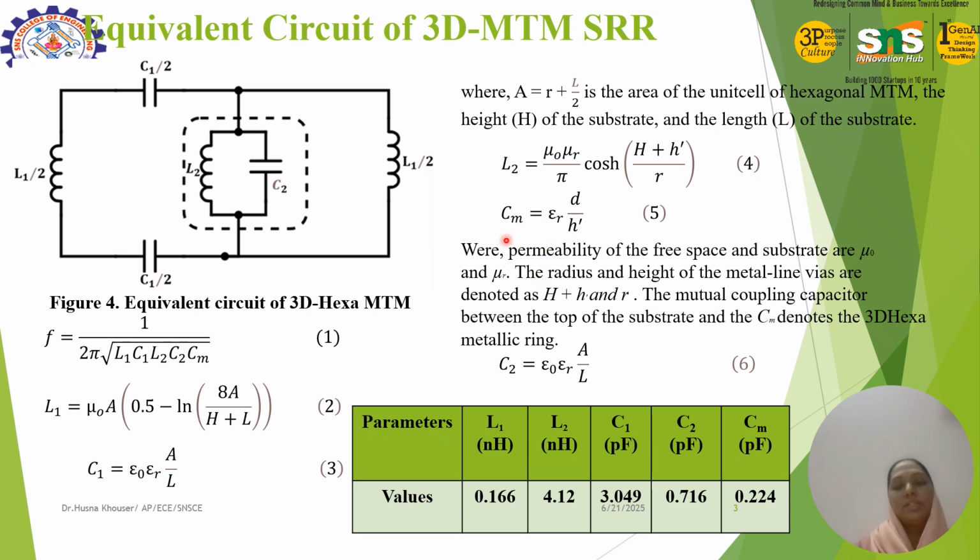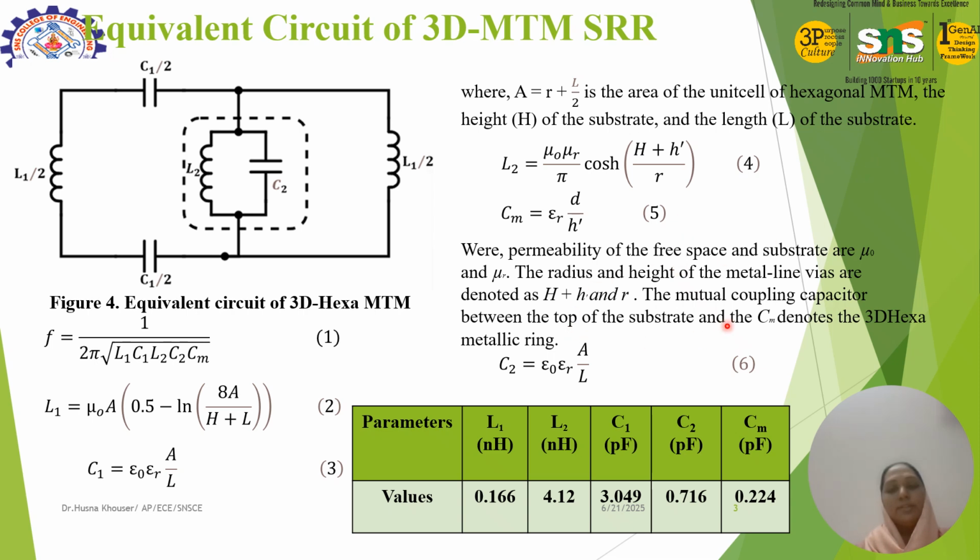This coupling gap is nothing but the air gap, so we modeled that as a capacitance. That is, Cm is equal to epsilon r into d by h dash. Here the permeability is that of free space, mu naught and mu r.